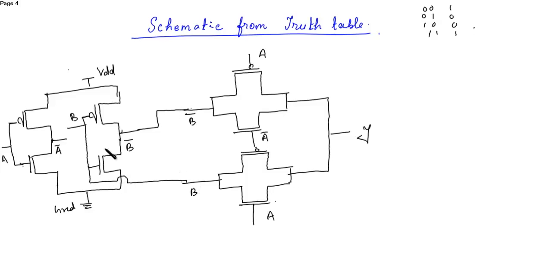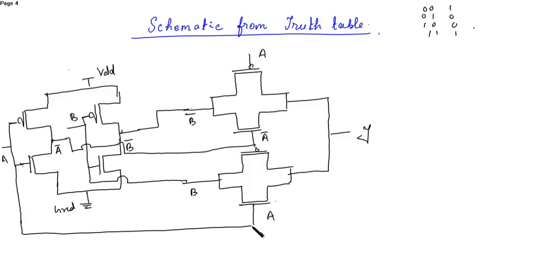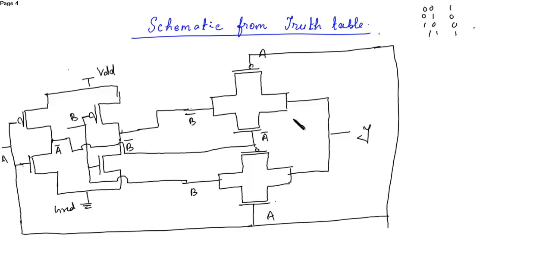Okay, B is connected, then A is connected here and A bar is connected here. So A bar is connected from here and A is connected here. Okay, so this is the schematic from the normal schematic.